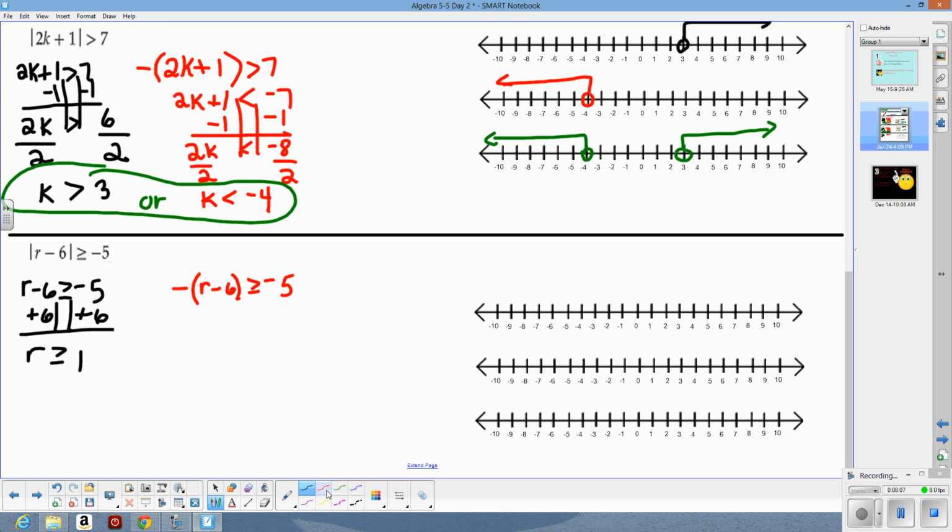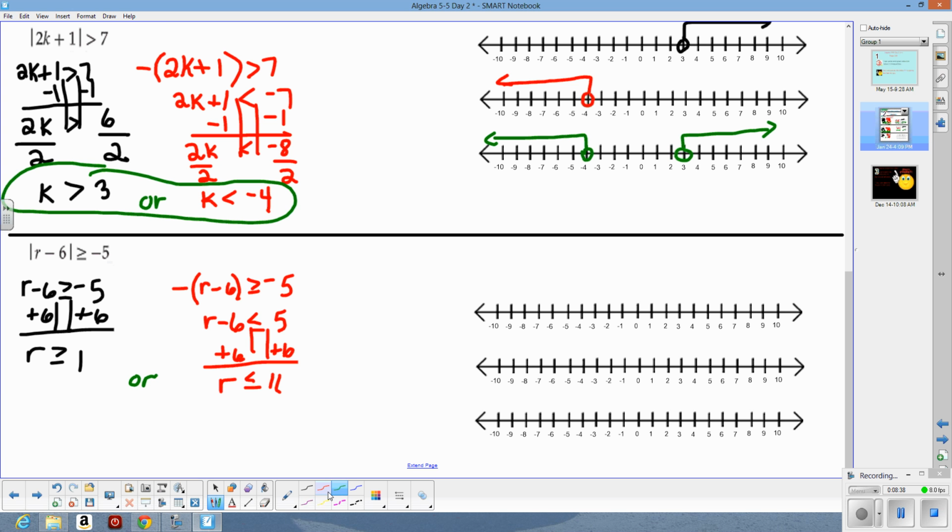And then this one, we'd multiply both sides by -1, and you would get R minus 6. You'd flip the inequality around since you multiplied by a negative, and the -5 would become a +5. Then you would add 6 to both sides. R is less than or equal to 11. And we want the word or in between these.